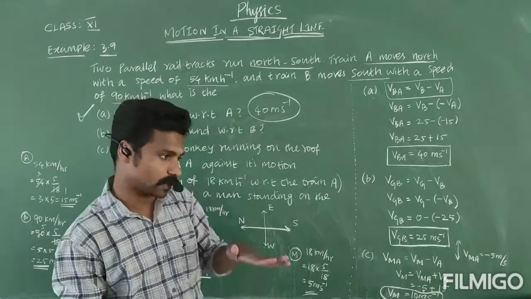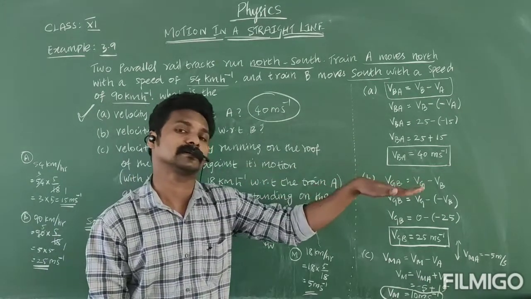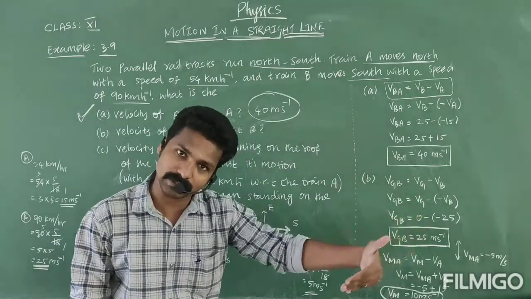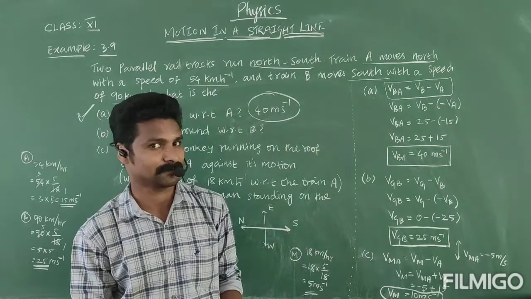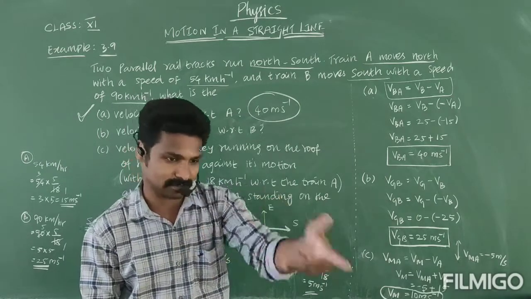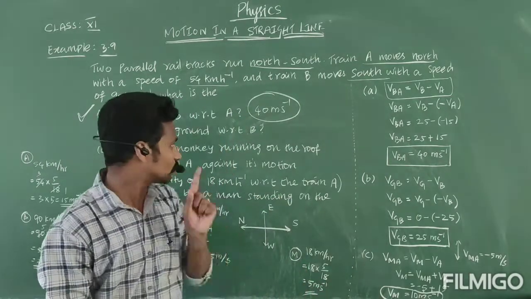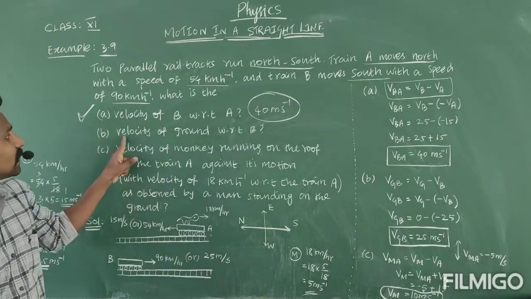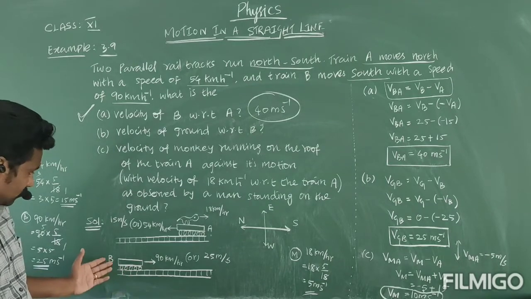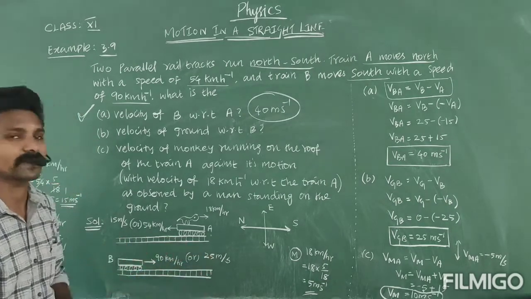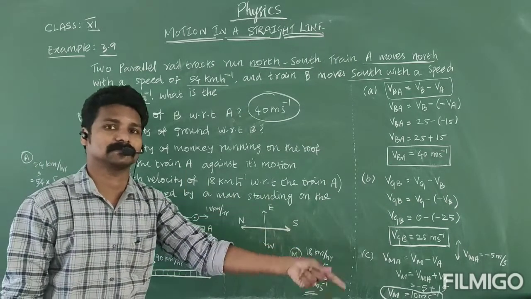What you feel is, if you are moving 1 meter forward, at the same time the ground moves 1 meter in the backward direction. So your speed is the ground speed. Like that, here the velocity of ground with respect to B: what is the velocity of B? 25. So the ground speed also will come 25.